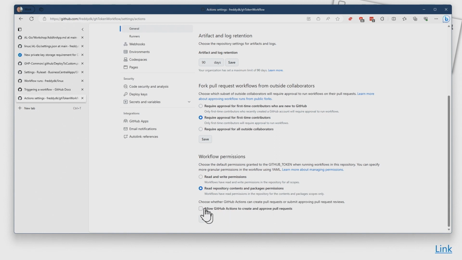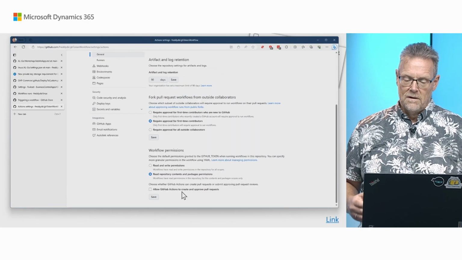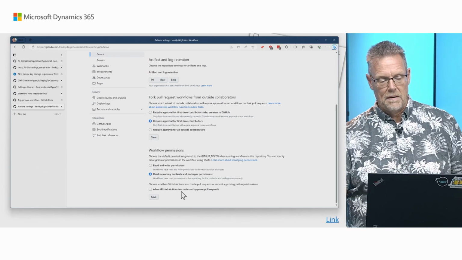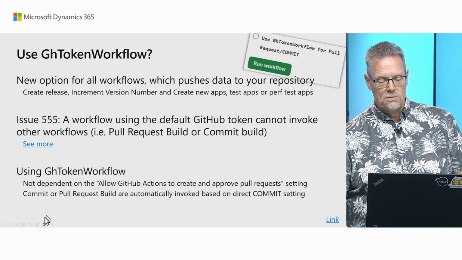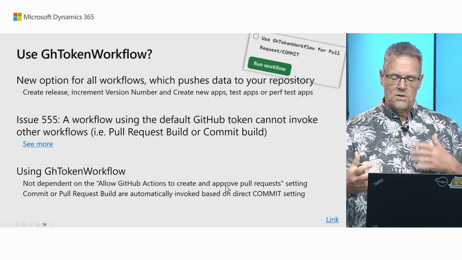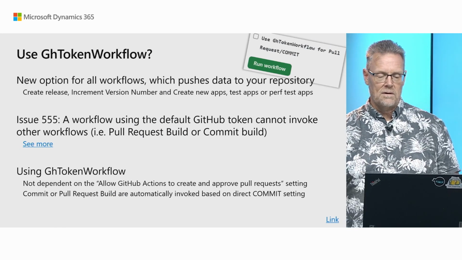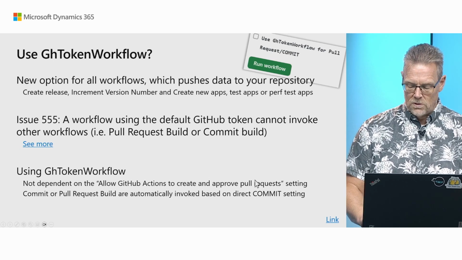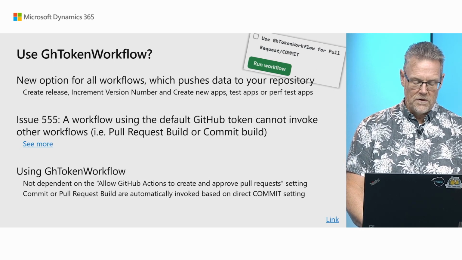I can click this one, and then the GitHub token is allowed to create and approve pull requests, but it's still not going to spawn a pull request build based on me running that. So it will still just create the pull request, and then when I merge the pull request, it will of course run the build. So the option now is to click that one in order to have GitHub actually run either a commit build or a pull request build based on your changes to the repository.